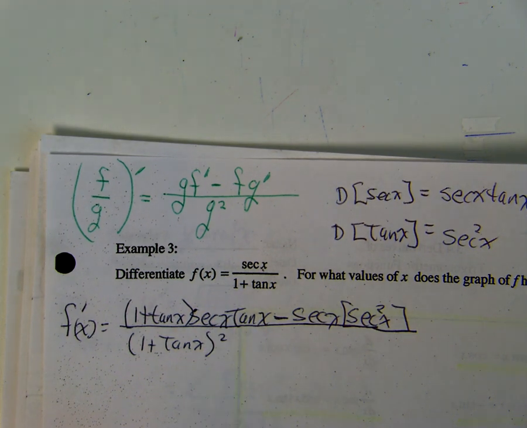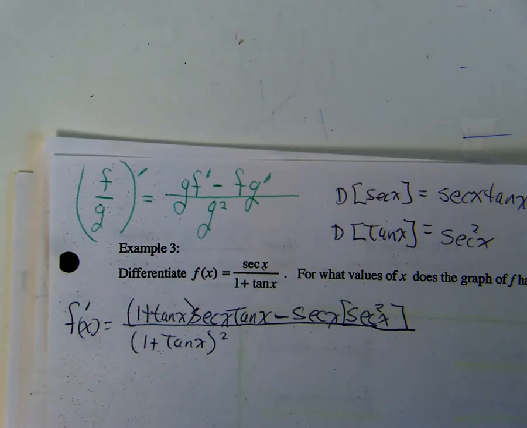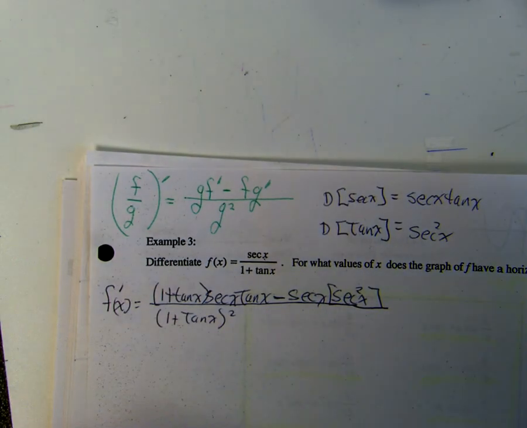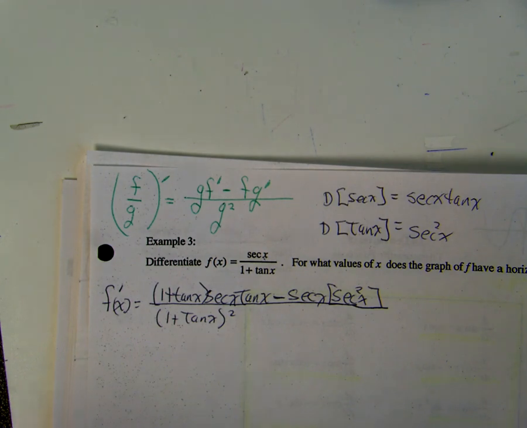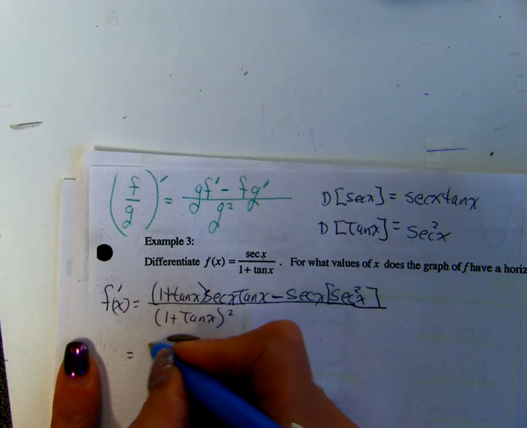Okay, so that's a really awkward answer, so let's simplify. Do you see that you've got a GCF on the top? Secant. So let's pull out the secant.